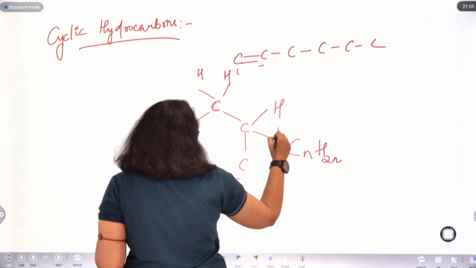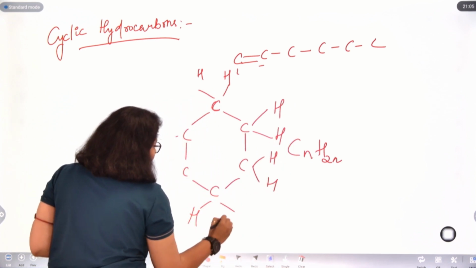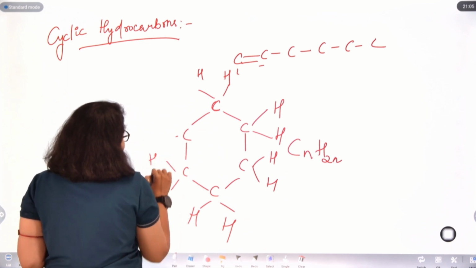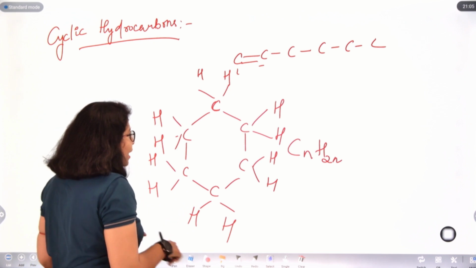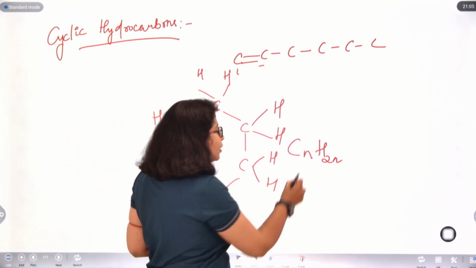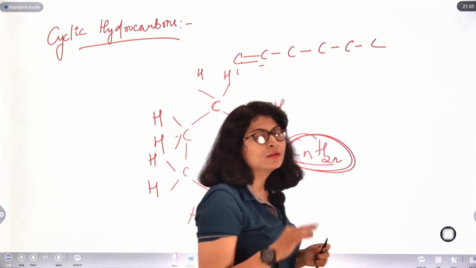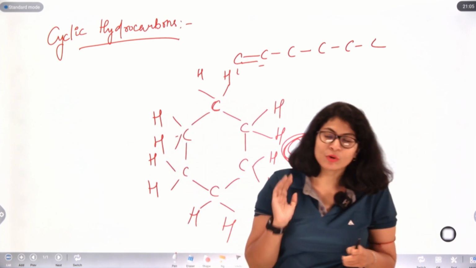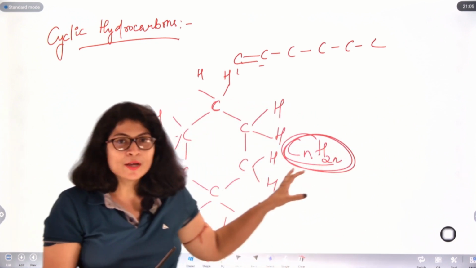The same goes for this also, and even here they have the tendency of occupying two hydrogens, right? So by default, their general formula comes down to the general formula of alkene, although they are single bond forming compounds called alkanes. Okay, so this was it about cyclic hydrocarbons.